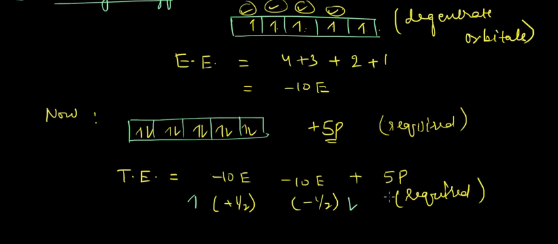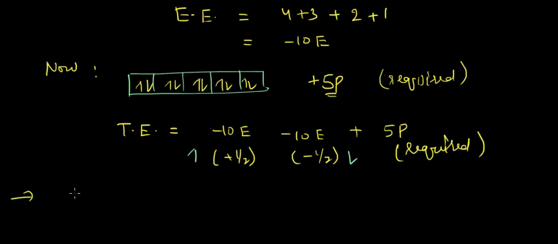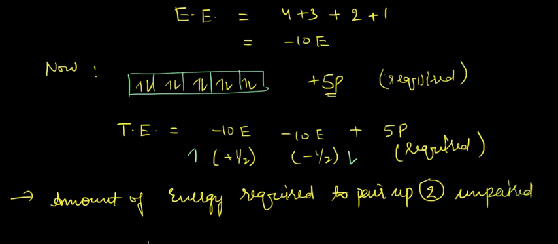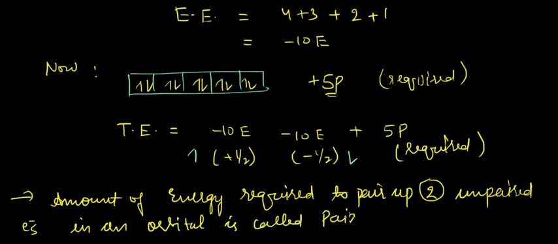So the amount of energy required to pair up two unpaired electrons in an orbital of a subshell is called pairing energy, and it always carries a positive sign.